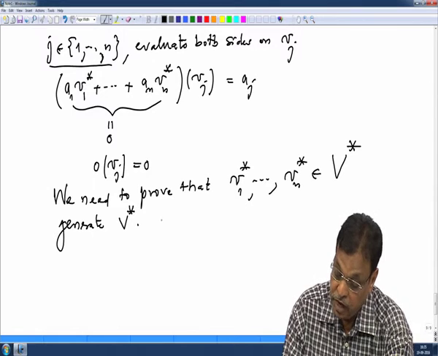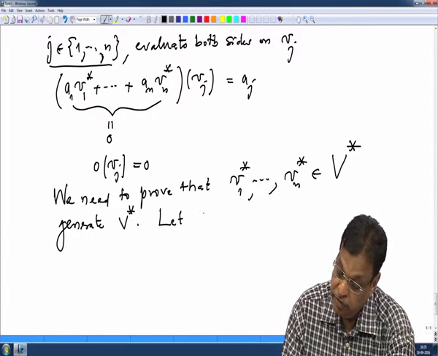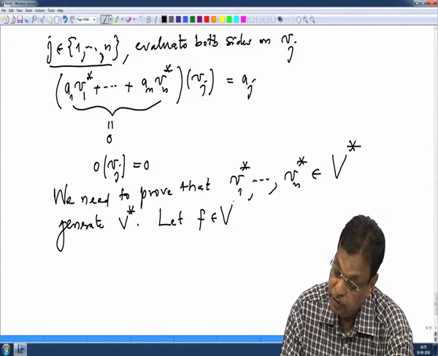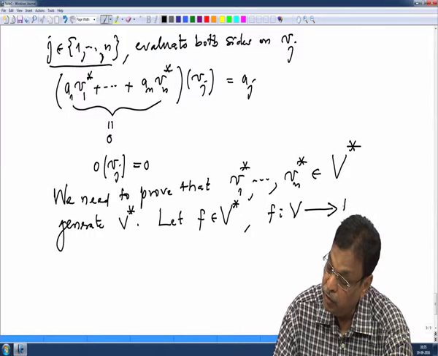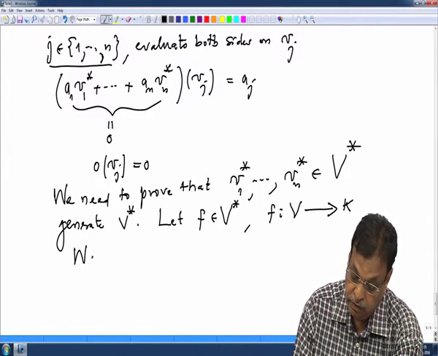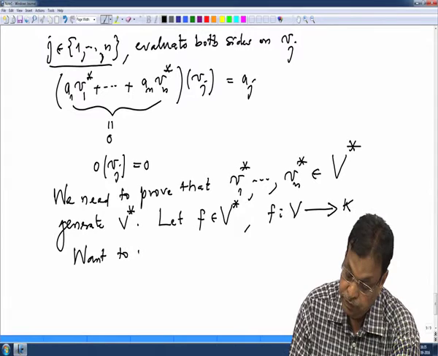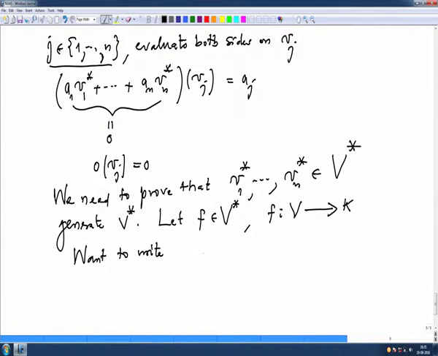So, for this, start with, let f be any linear form in V star, that is f is a linear map from V to k, and I want to write f as a combination a1 V1 star plus ... plus an Vn star for some a1 to an scalars in k.